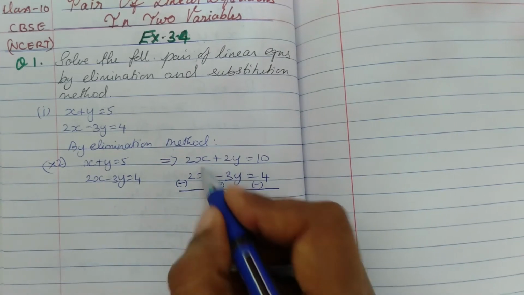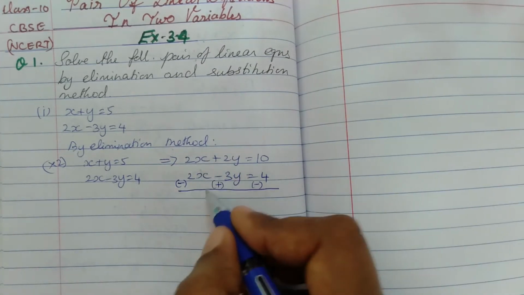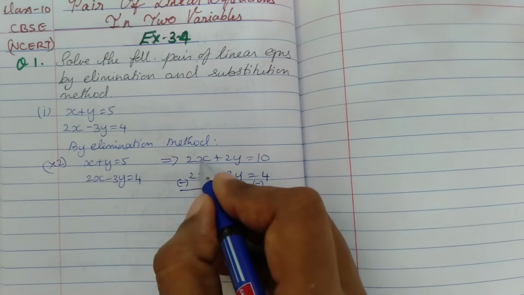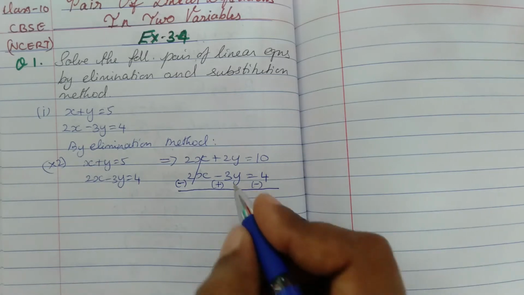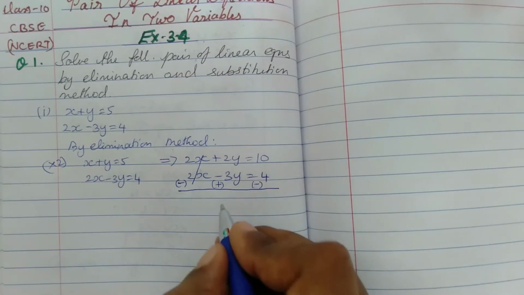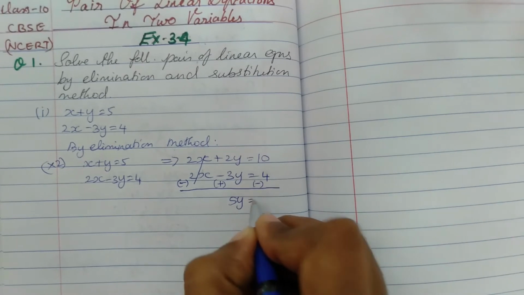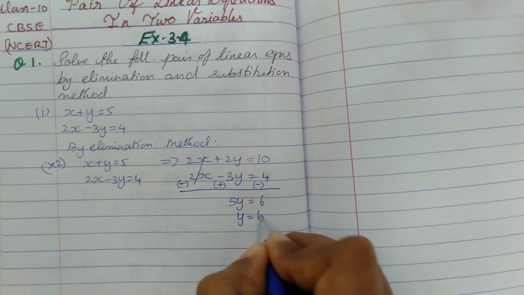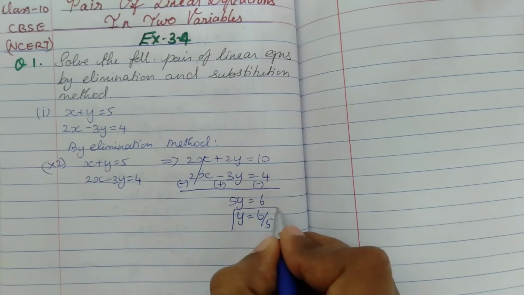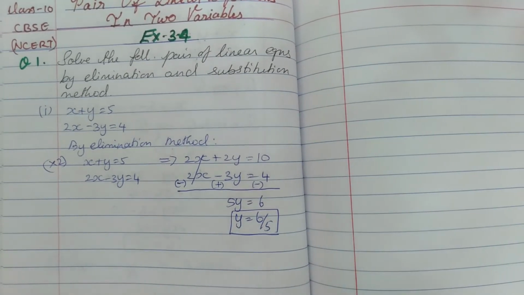Now you have a plus 2x and minus 2x. So plus and minus is minus, so 2x minus 2x is 0. That way you got the x variable cancelled. Now 2 plus 3 is 5y. 10 minus 4 is 6. So y is equal to 6 by 5. This is your value for y.